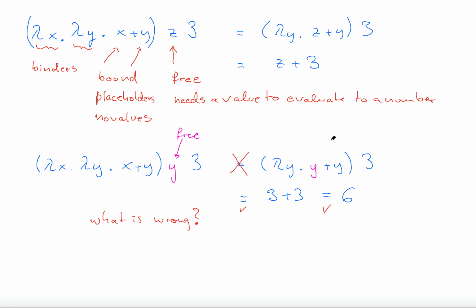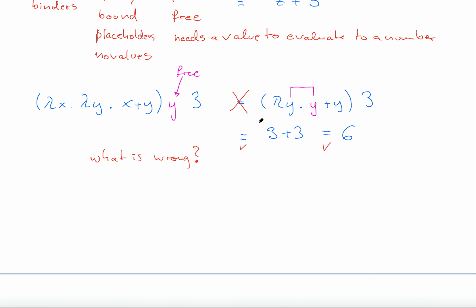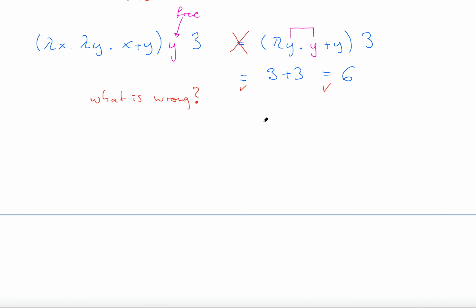So what we shouldn't allow is to let a blue y bind a magenta y. But in lambda calculus, obviously, we don't have colors. I just use the colors here in order to show exactly what's going wrong here, right? So the magenta y, which is just a y, gets bound by the blue y.